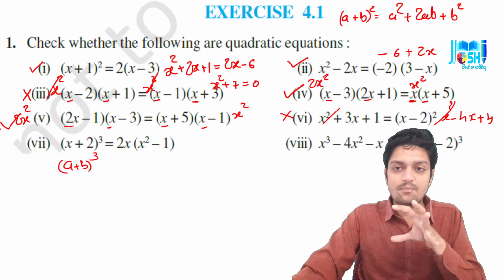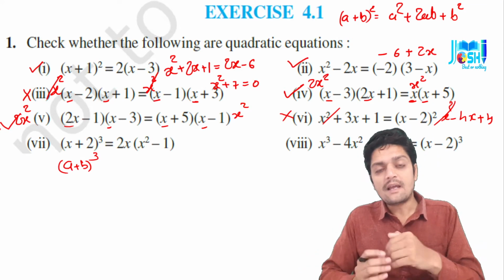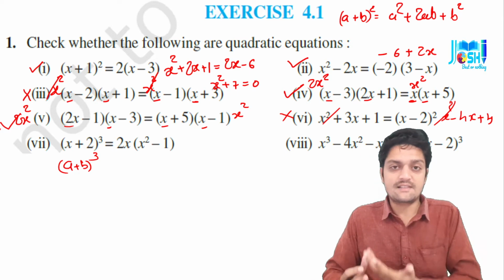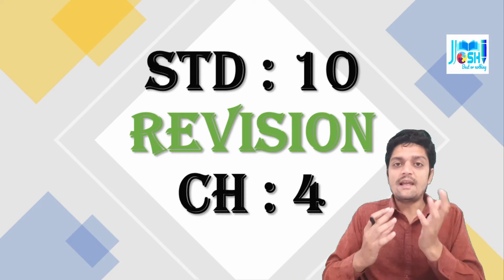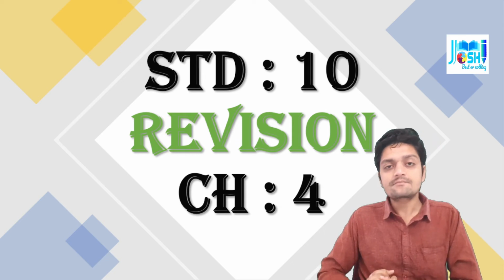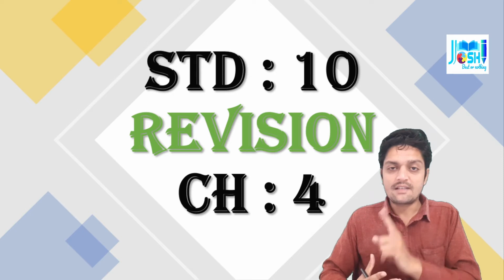See, this 4.1 first exercise I have completed in my last lecture. Actually this is the revision series. The first 3 lectures of revision I have already completed, they were my live lectures. So if you haven't seen them, the I button is given at the top side.